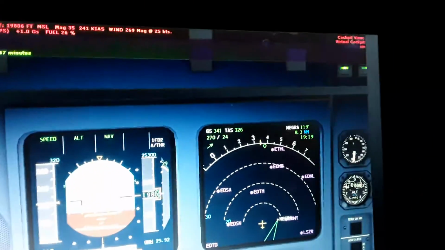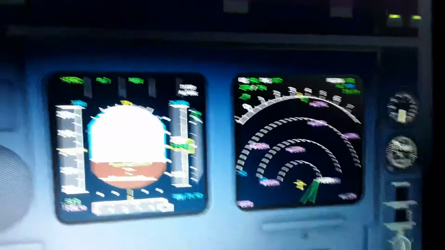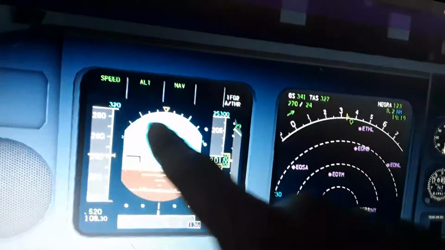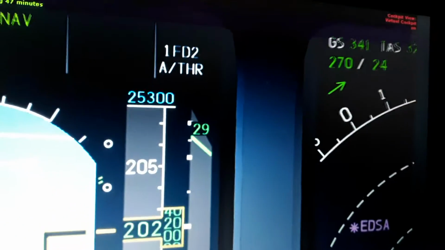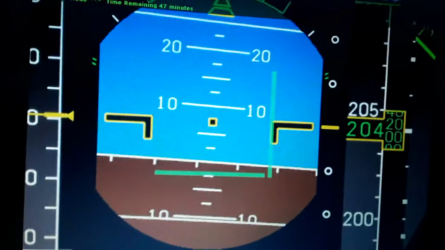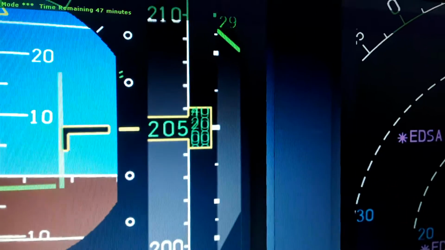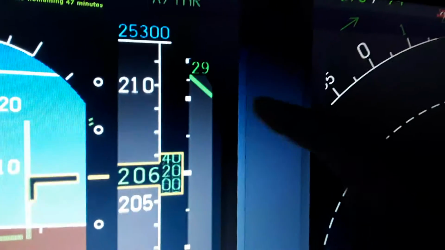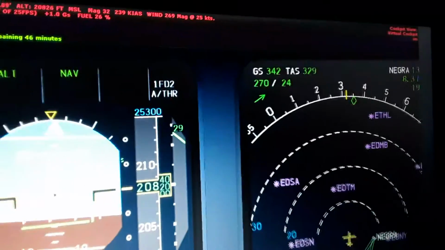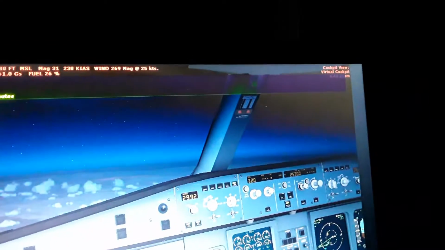We're at 19,000 feet. Our airspeed is Mach 0.52 right now, or 240 knots, as you can see here. You can see our rate of climb is very high right now. It's 2,900 feet per minute. So we're gonna be in less than 1.5 minutes at 25,000 feet.